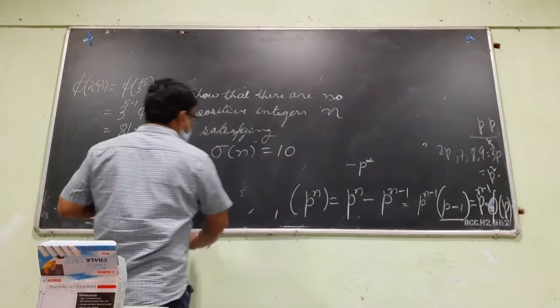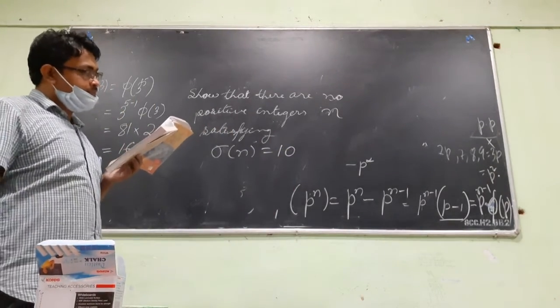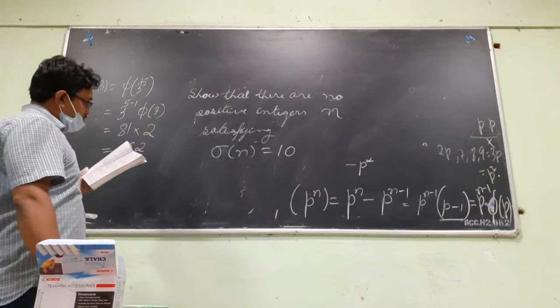There is no positive integer for which sigma of n equals 10.